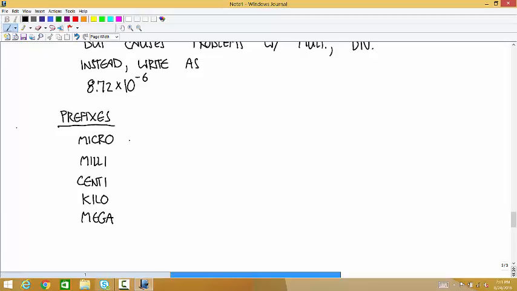And these all have abbreviations. Micro is the Greek letter mu, sort of like halfway between an M and a U. Milli is a lowercase m. Centi is lowercase c. Kilo is lowercase k. And mega is an uppercase M.